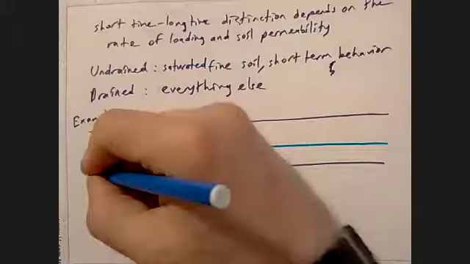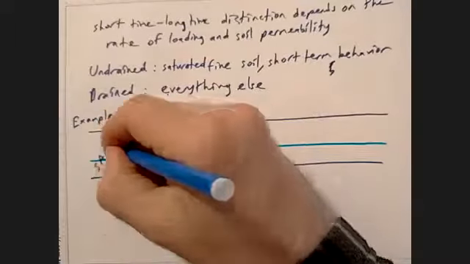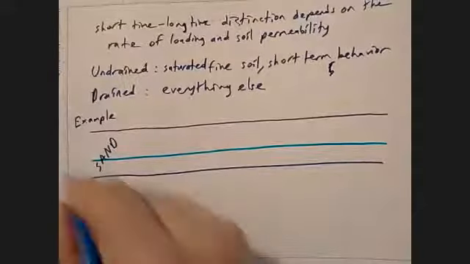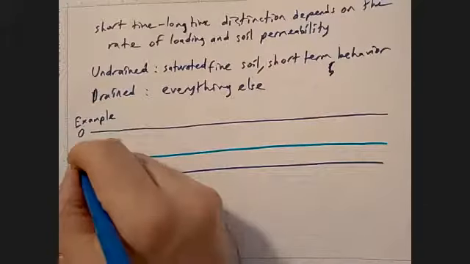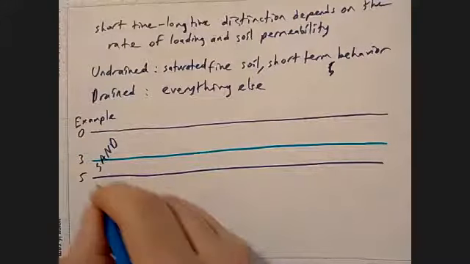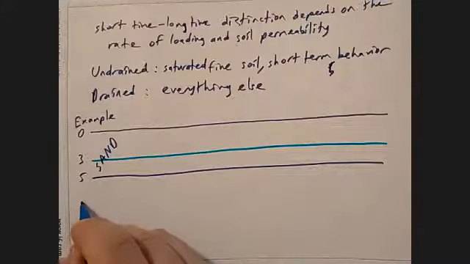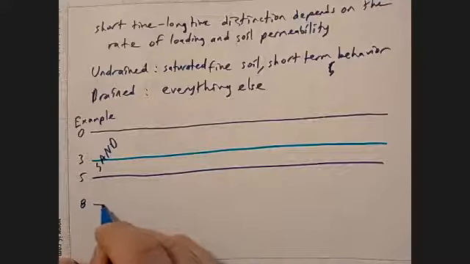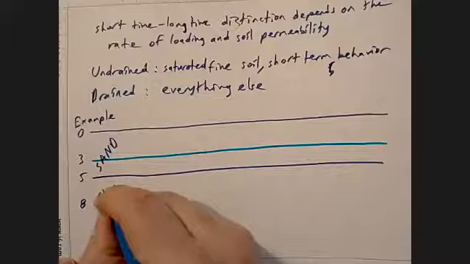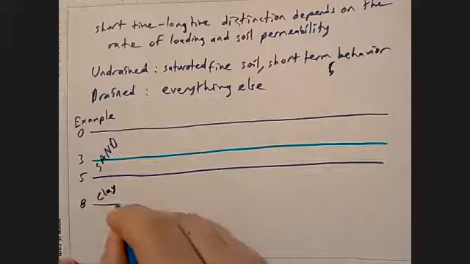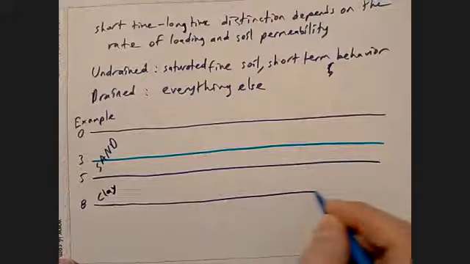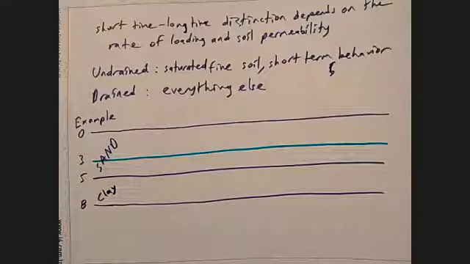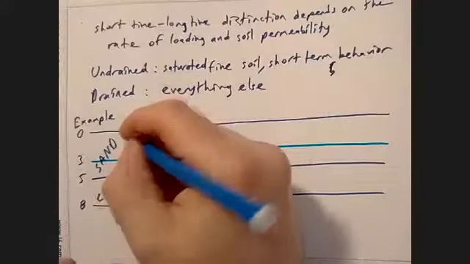So here I'm going to have sand: 0, 3, 5, and let's say 8. I have clay here. And of course, let's put some unit weights in.